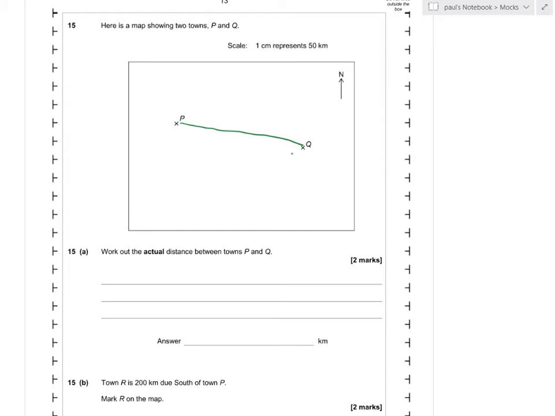It looks like it could be about 7 centimeters. So we're going to do 7 times 50 kilometers is 350 kilometers. I'm guessing a bit.